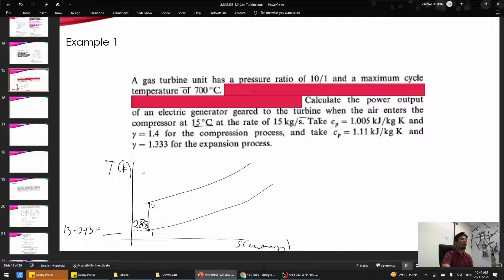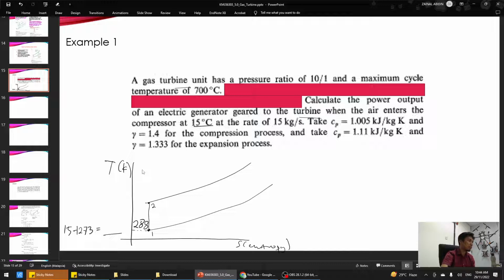We will leave it first and calculate T2 later on. If you want to tackle this question, you need to sketch the TS diagram in the full view first.